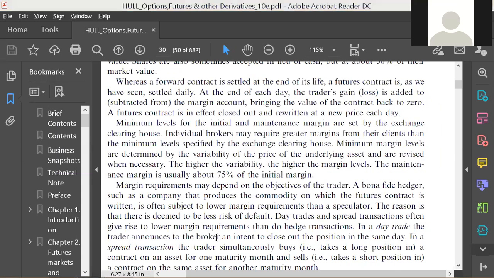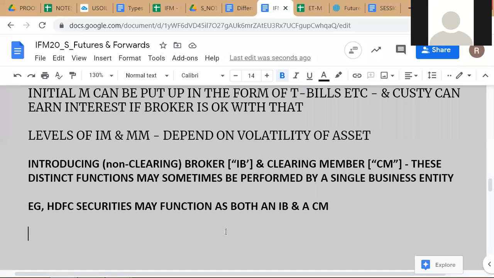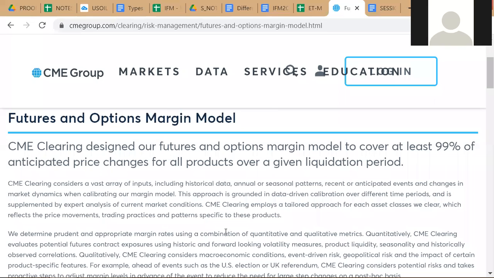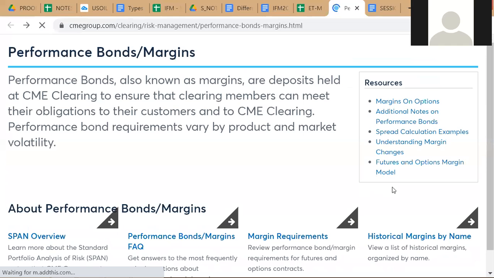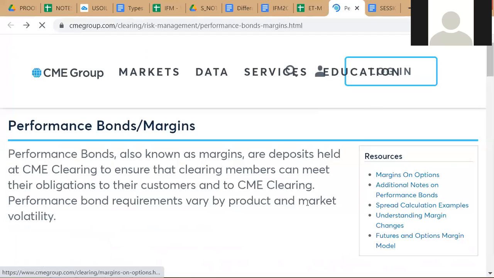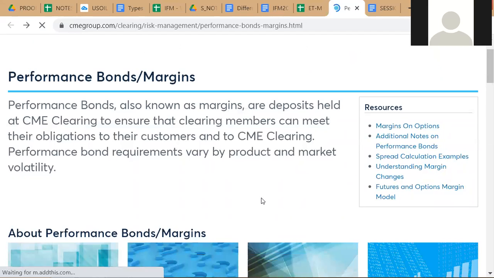No, in options also, if you remember that options can be either exchange traded or OTC. Okay. So if you have OTC options, then OTC players manage the credit risk between themselves by setting up credit lines, clean credit lines usually.